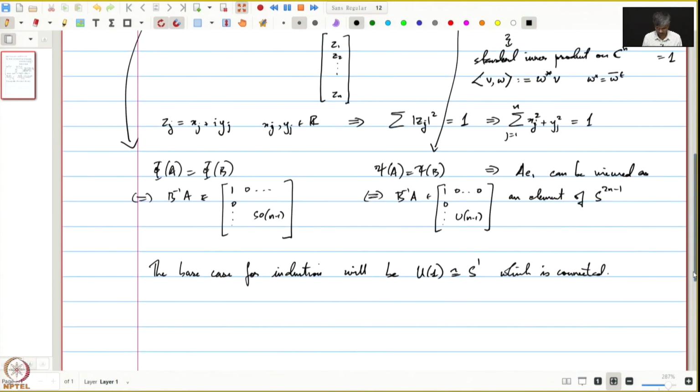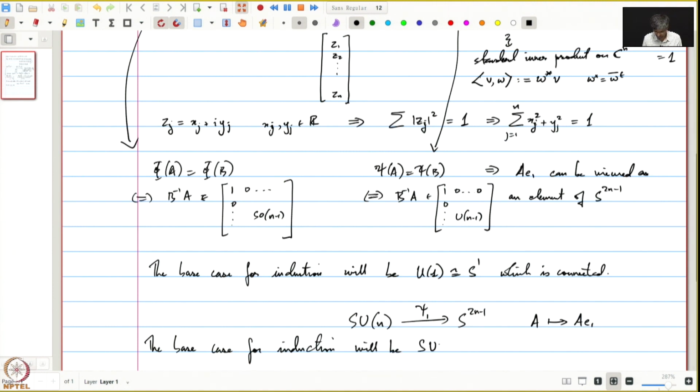Similarly, in the same way we can define a map from SU(n). Again, let me call this psi 1, to S^(2n-1). Once again, this map is A goes to AE1. Here the base case for the induction will be SU(1), which is simply {1}, which is connected.